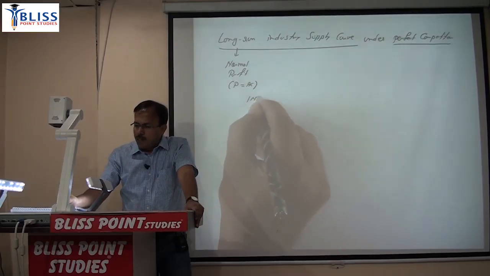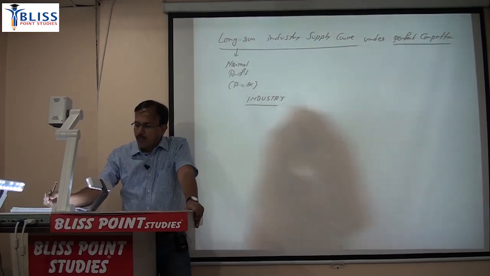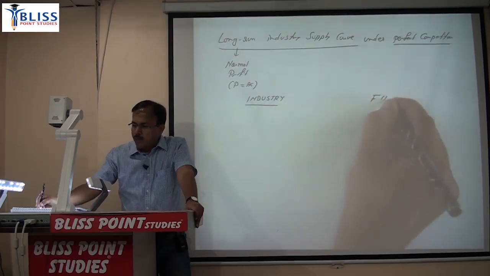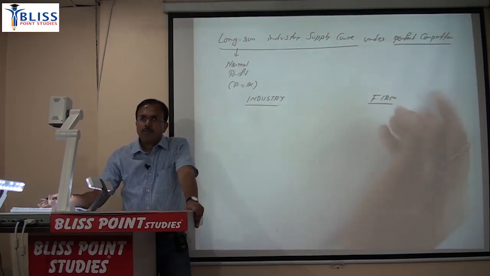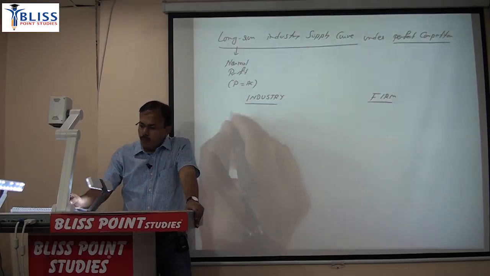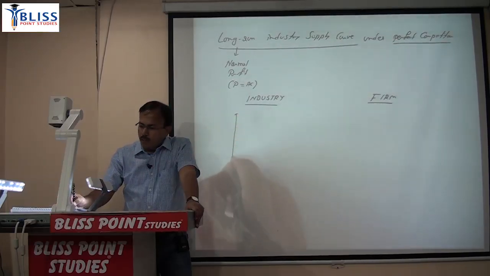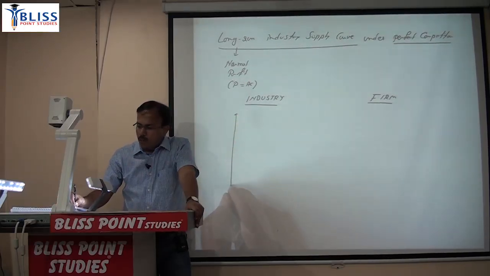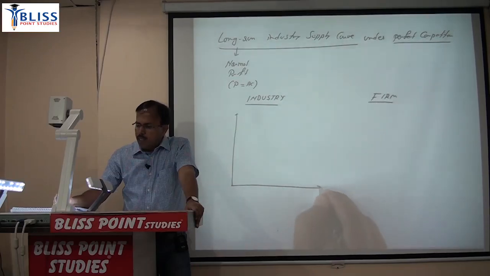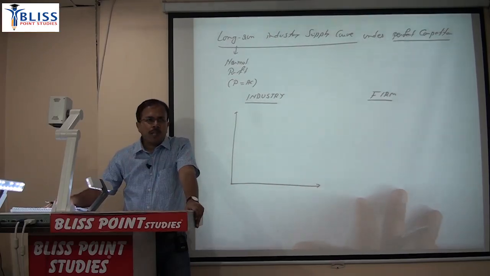Left side diagram is for perfect competition industry, and right side I am using it for firm. लॉन्ग रन का मतलब एक्चुअल में ये होता है.